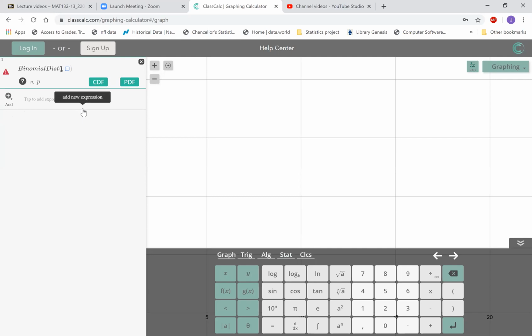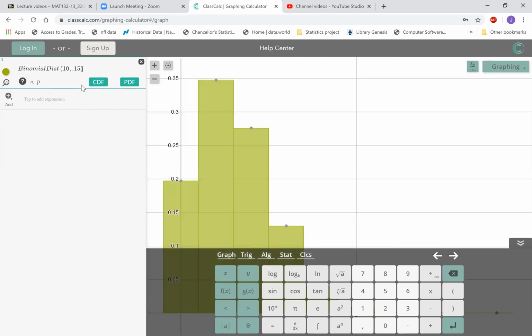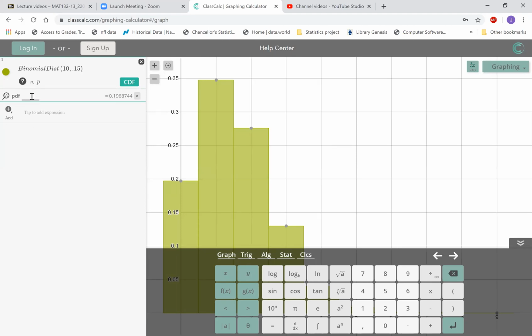Enter your n, which is 10, enter your p, which is 0.15. Then it's asking if you want a CDF or a PDF. CDF if you want a range, PDF if you want a singular value. I want the probability of a singular x value, so just enter 1. And we're done. That's how you do 37.